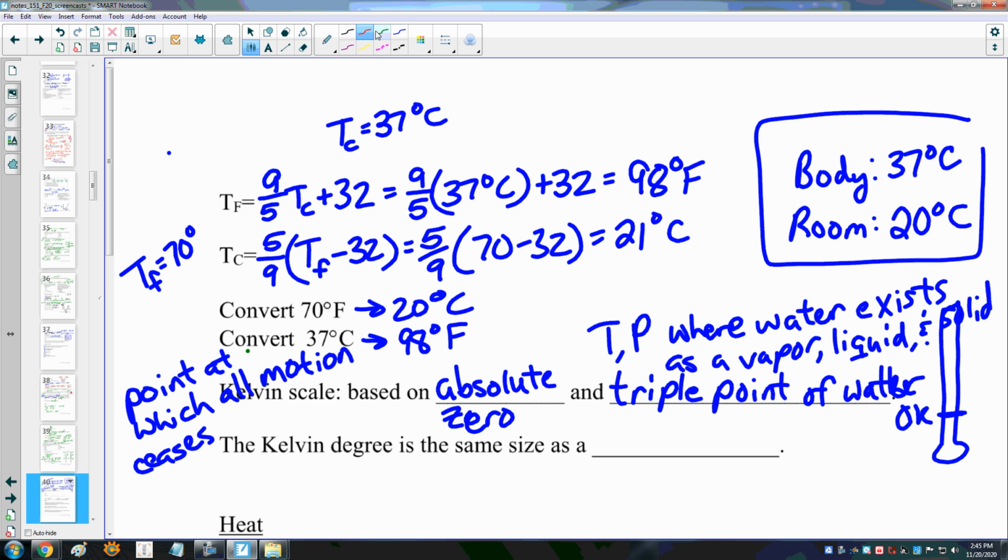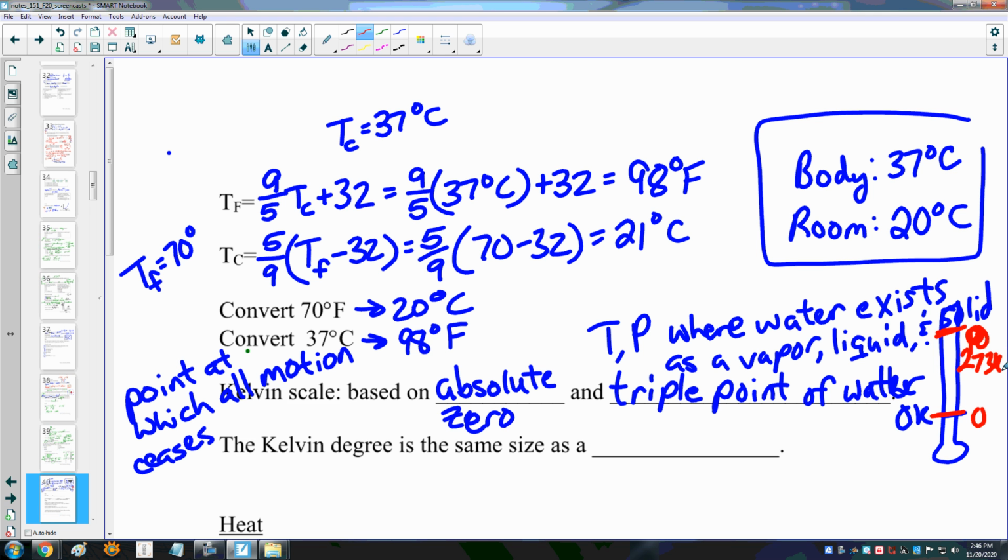And so we have this Kelvin scale where 0 Kelvin is absolute zero, and 273 Kelvin is the triple point of water.